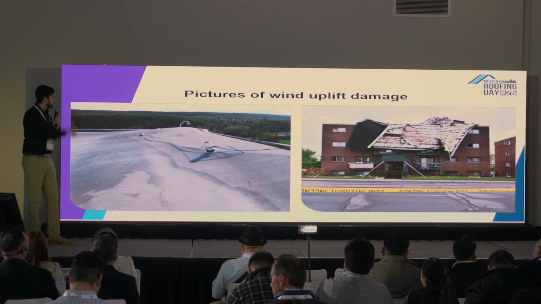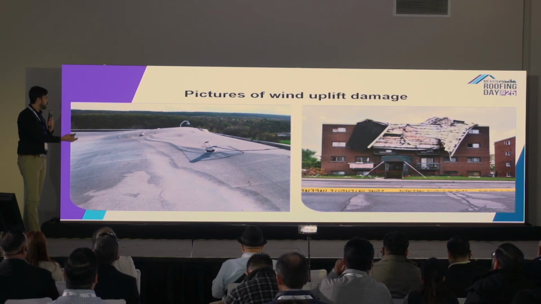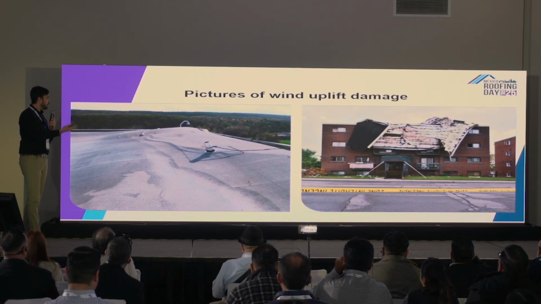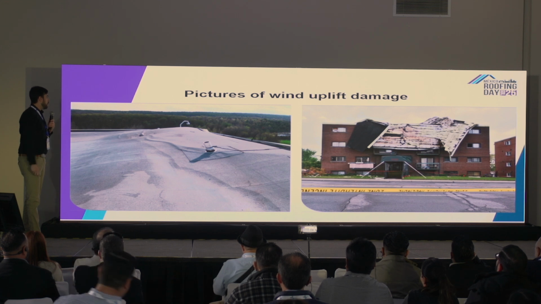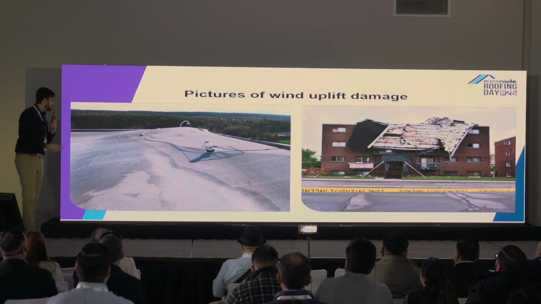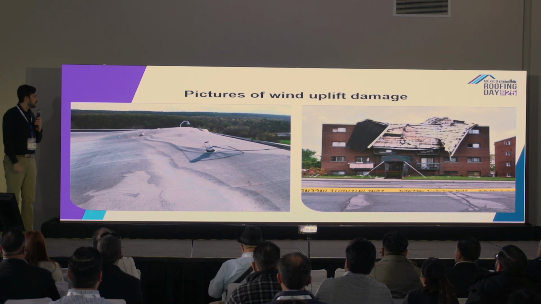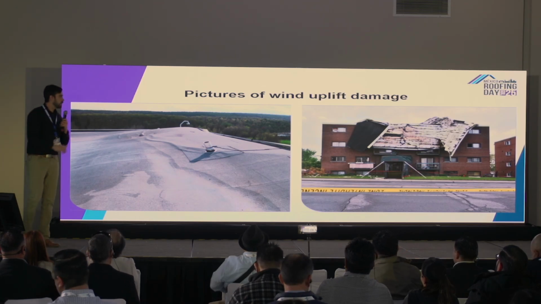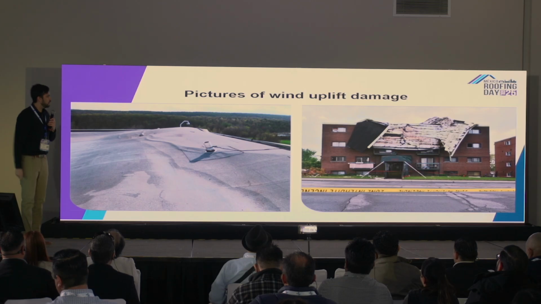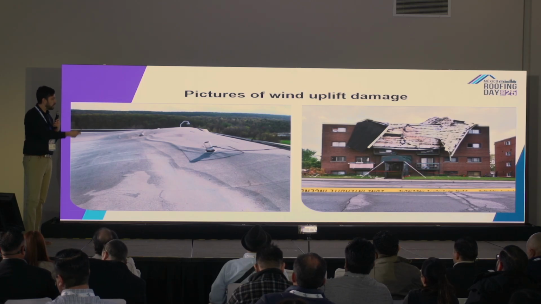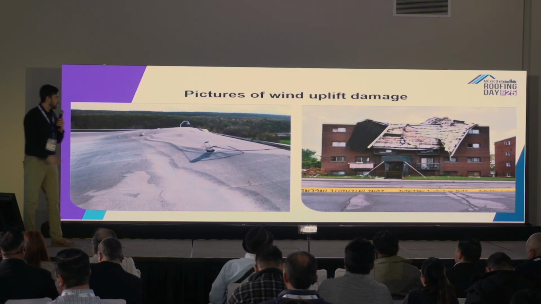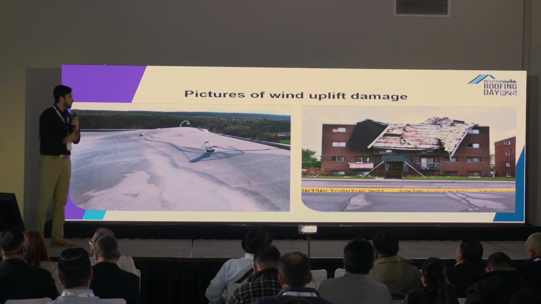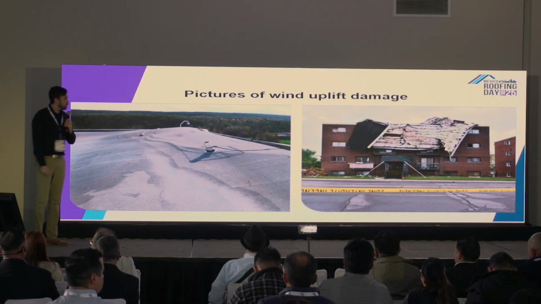Again, in the picture on the left, you see a lot of wind uplift on the perimeter. This is really bad, but again, not that severe. The membrane, the roofing system is still on the building, which is really not the case for the opposite. This is an apartment building, again in Canada, but the whole roof assembly flew by.